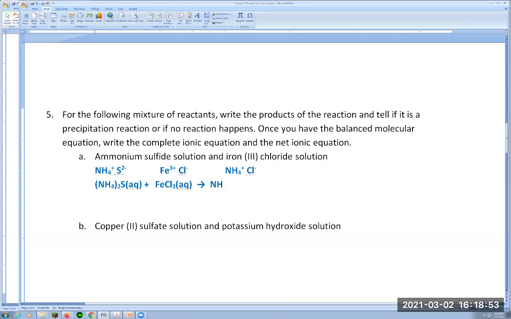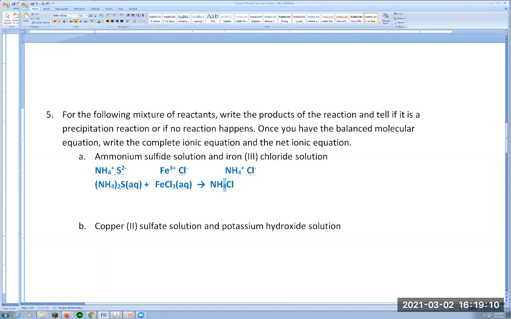And so now what kind of compound do we have when they mix? You see one positive charge, one negative charge. So that's going to be just NH4Cl, the compound from ammonium and chlorine. Before I can write the physical state here, I need to decide, is this soluble or not?